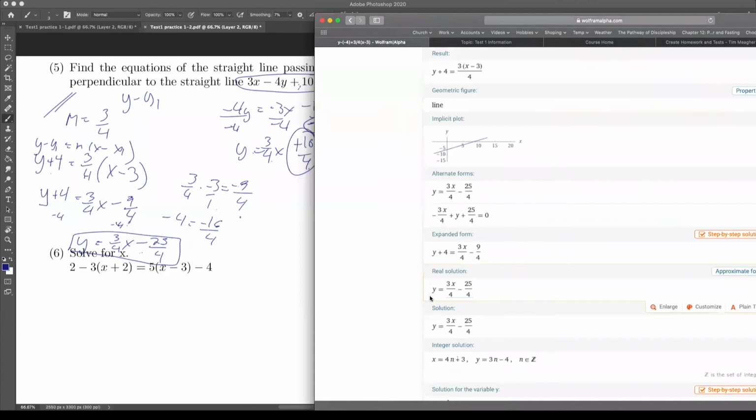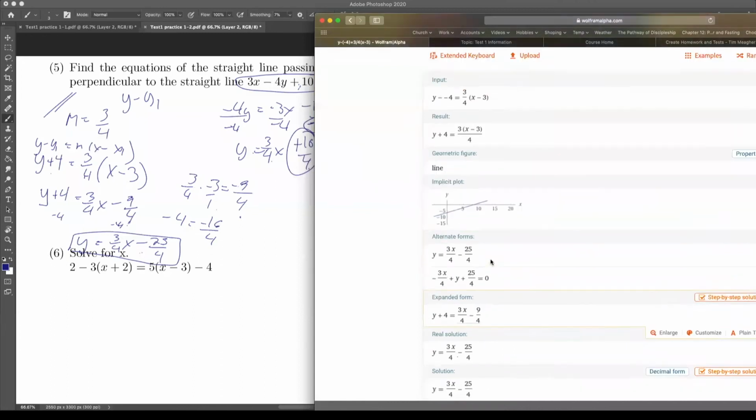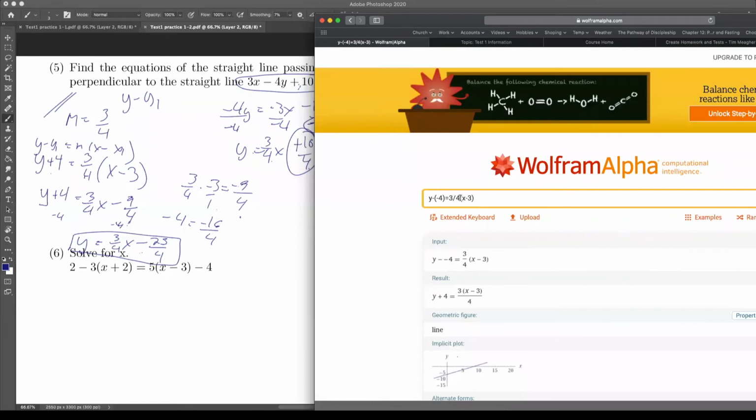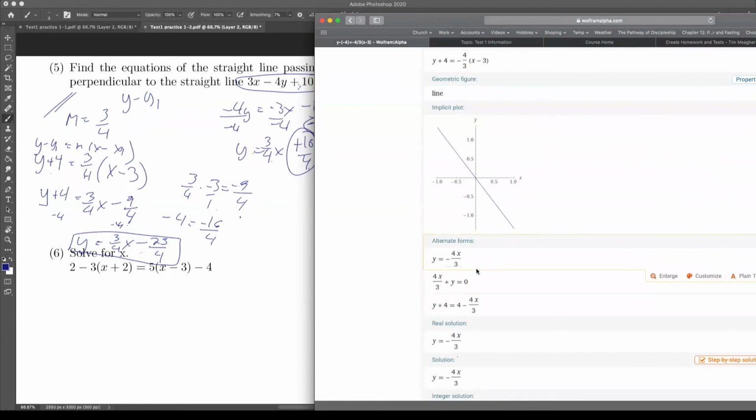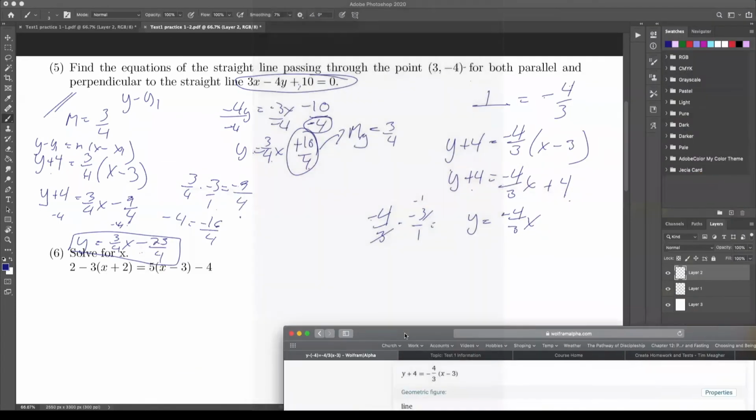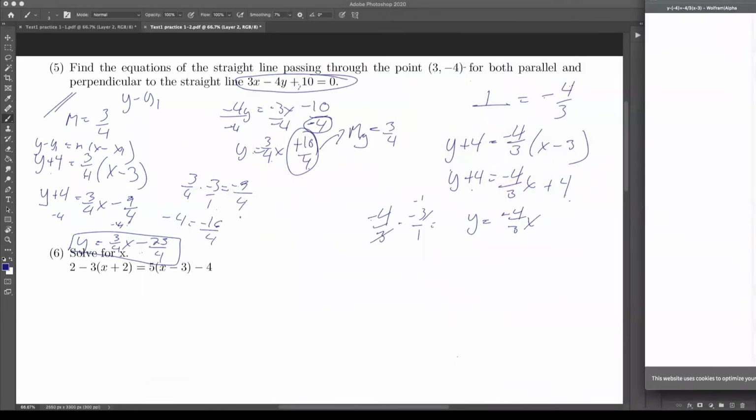And here we go. Here we have this answer here. And then if we did the opposite, the perpendicular, it'd be minus 4 divided by 3. And here we get this answer here, as we have here. So that's a good way to check.